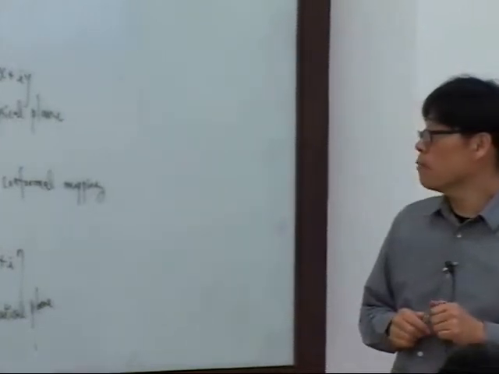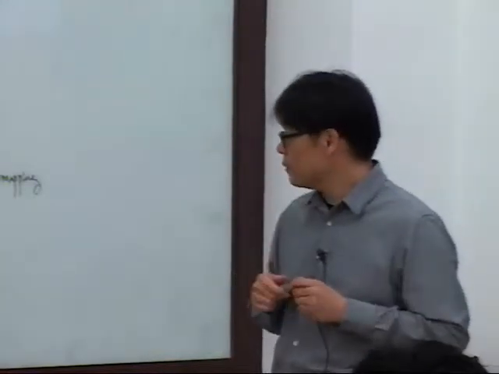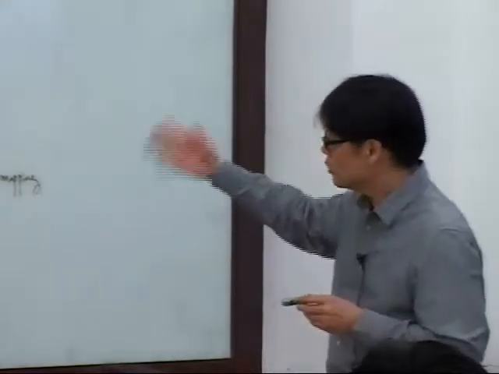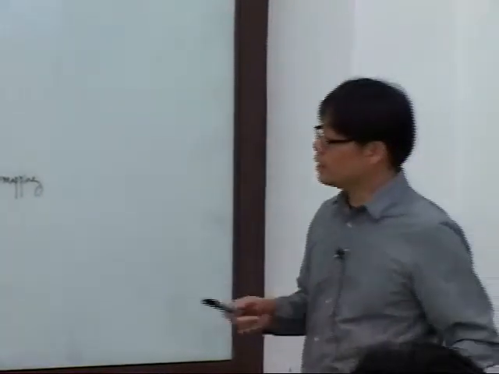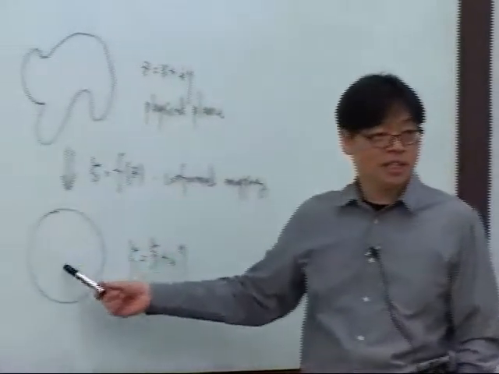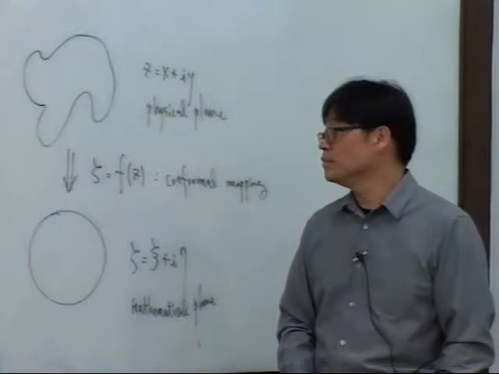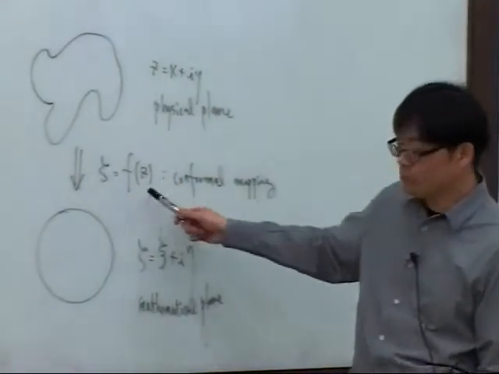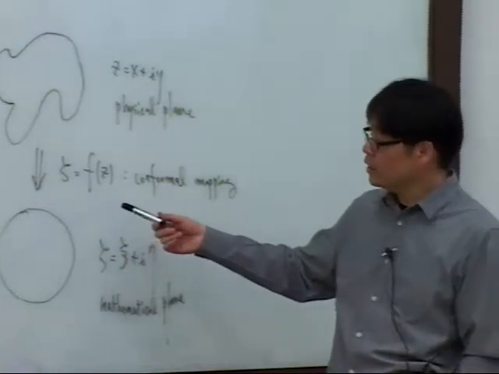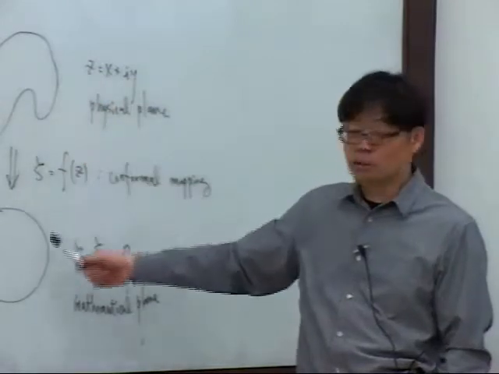Okay. So nowadays it's not that popular, but in the old days this kind of trick has been used quite a bit. But finding this transformation is not always easy. Okay. But once you can find it numerically or sometimes analytically, for example, an ellipse can be mapped to a circle easily.